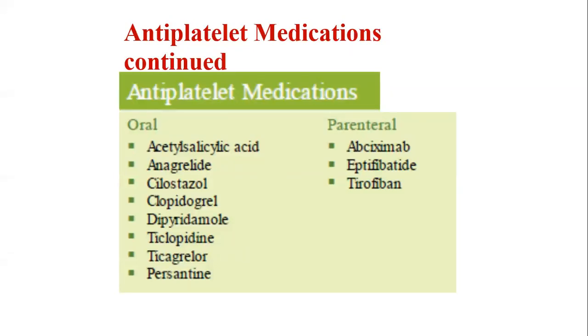Here is the drug list. For antiplatelets, the most common ones we use are acetylsalicylic acid or clopidogrel, or cilostazol, or we use dipyridamole, ticlopidine. And parenterally, we use abciximab.